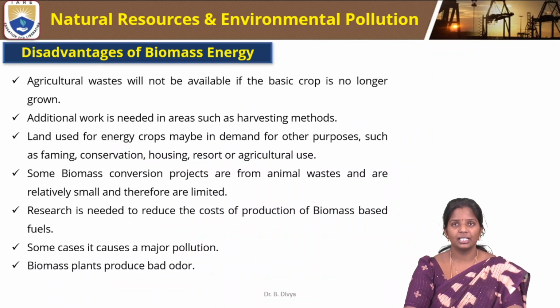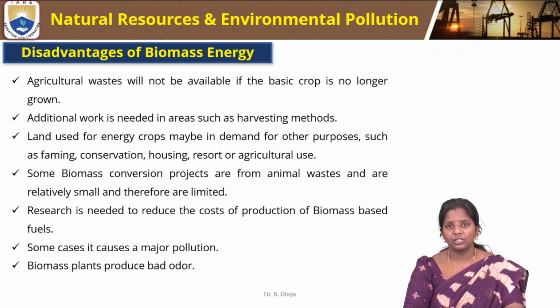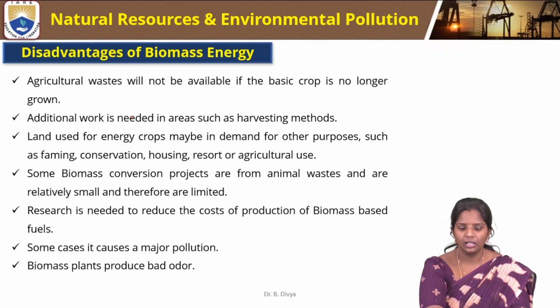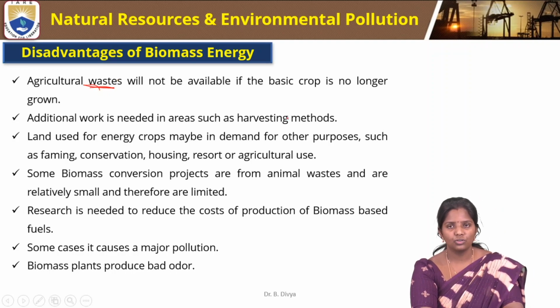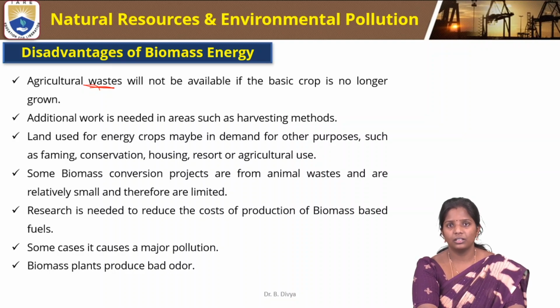There are some disadvantages to biomass energy. Agricultural waste is not available if the basic crop is no longer growing, so waste cannot always be generated. Depending on the crops, the amount of waste varies, so if there is less waste, we cannot depend on agricultural waste only.